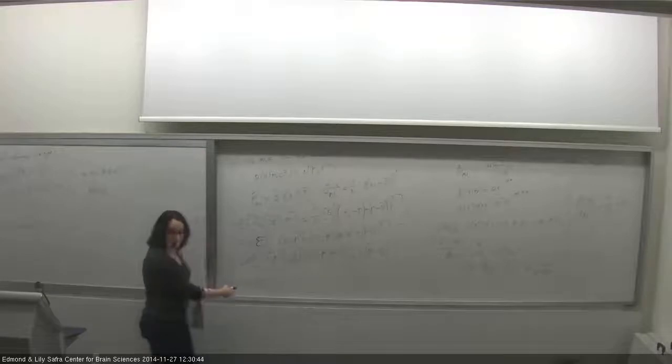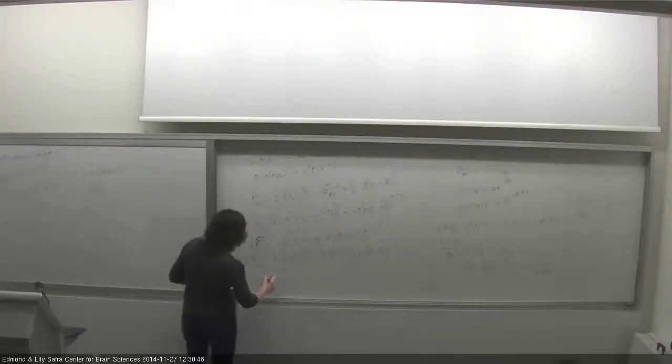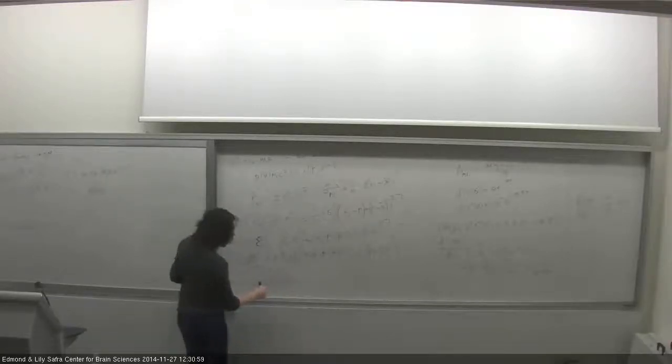Do you see what I write here? I'll write it this way. The expected value of 1 over n sum xi, which is actually x bar, right?